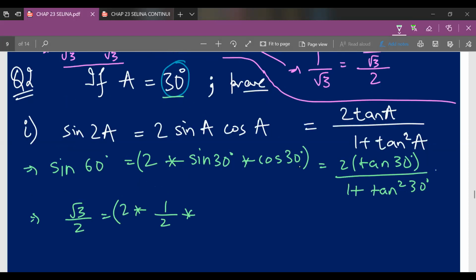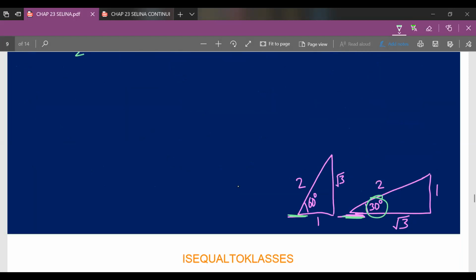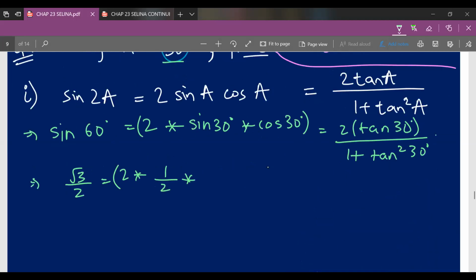Even if sine or cos changes, if the angle is the same, we have to refer to the same magic triangle. So cos 30 degrees means we refer to the same magic triangle of 30 degrees, but here cos 30 degrees means that with respect to angle 30 degrees, tell us base upon hypotenuse, which will be root 3 upon 2, is equal to 2 tan 30 degrees.